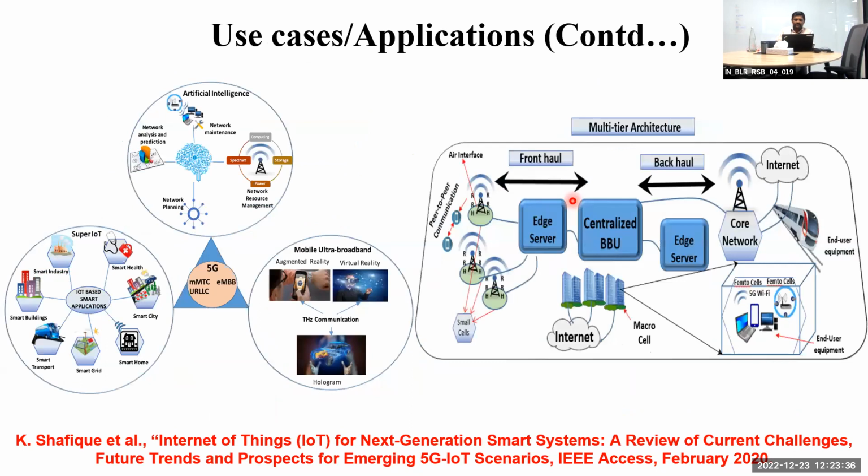Next is further applications, like for example artificial intelligence. So basically network maintenance and other things, network planning. Now the networks are more of intelligent networks.